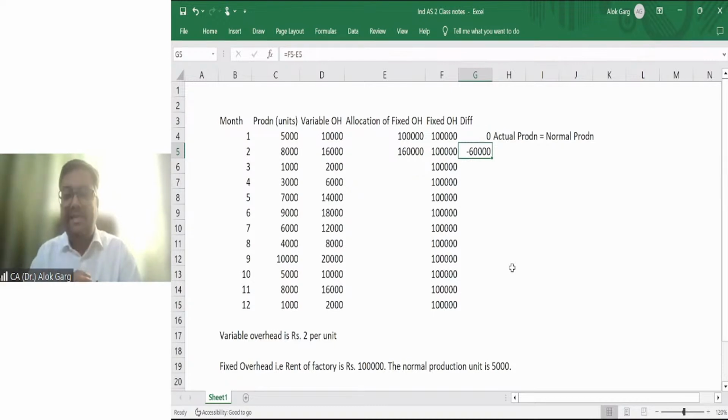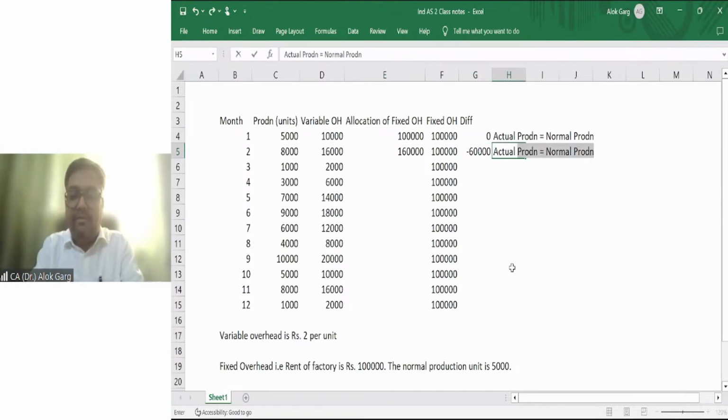It means in this case your per unit cost will go down, right? When production is greater than normal production, in that case calculate cost per unit on the basis of actual production.